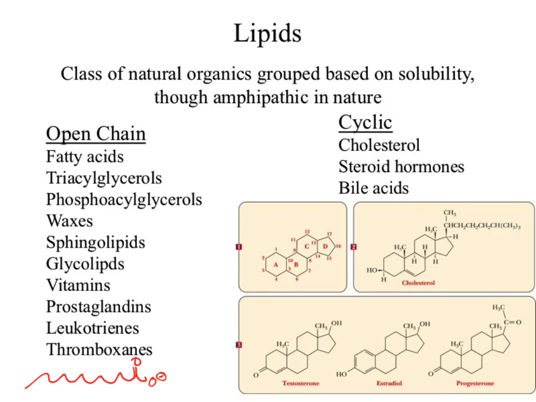It's not quite as neat, because if we take a look at testosterone, we still have tons of carbons and hydrogens through the middle, but we have a polar group at one end and a polar group at the other end. So it has a little bit less of that amphipathic nature, because each end is polar. But again, because it has origins back to our lipids or cholesterol, they get grouped in.